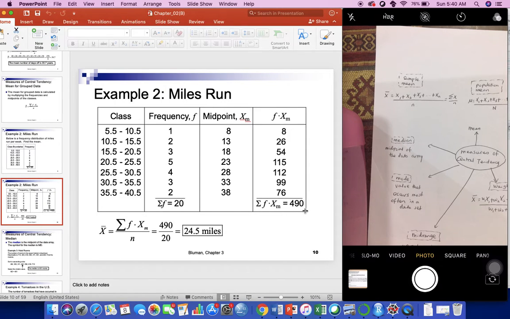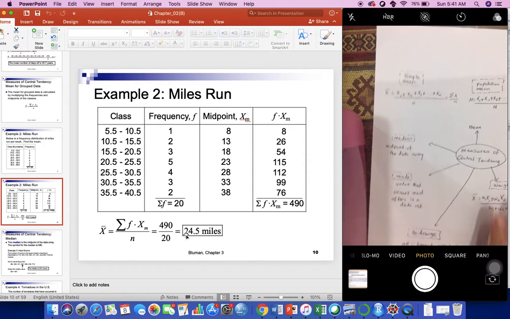So 490 you put here. And n is the total number of frequency. So 1 plus 2 plus 3 plus 5 plus 4 plus 3 plus 2, you will get 20. So 490 divided by 20, you will get 24.5 miles.